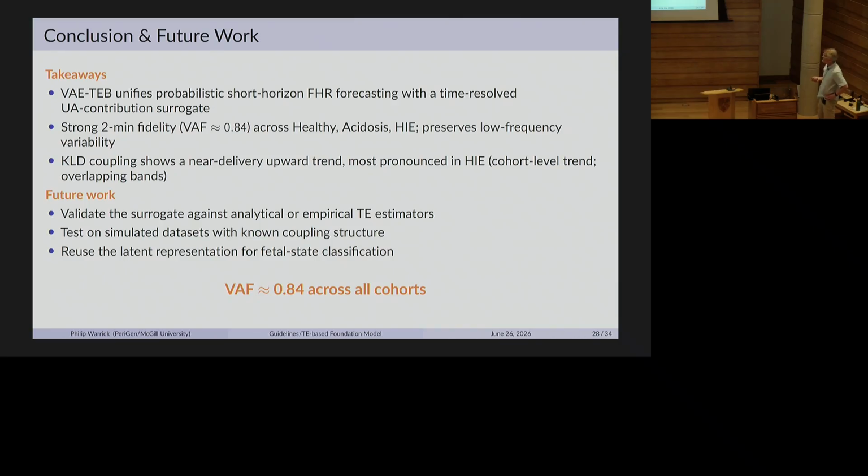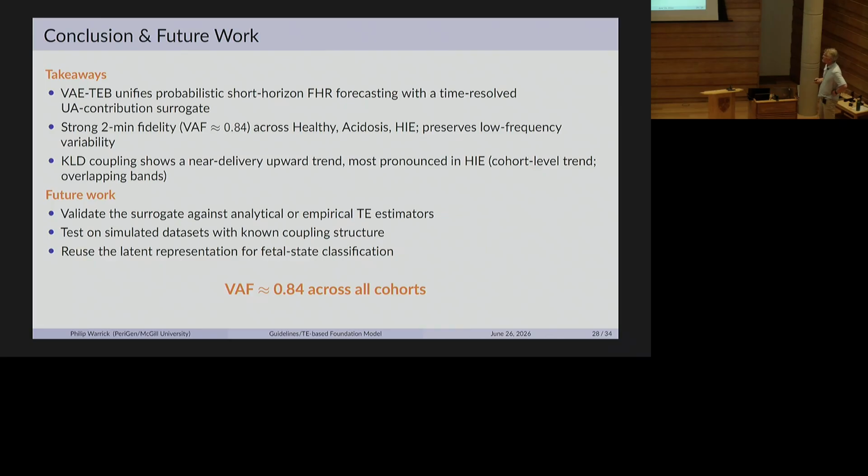High frequency falls off with time and into the prediction horizon. And the coupling surrogate is showing differences, preliminary differences at least, that we expect, that transfer entropy increased with more abnormality.